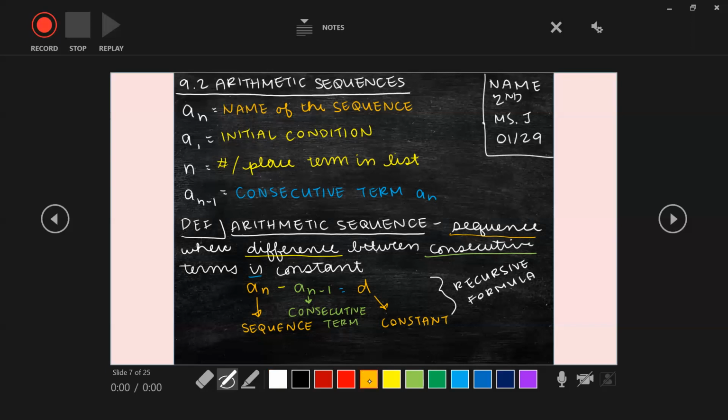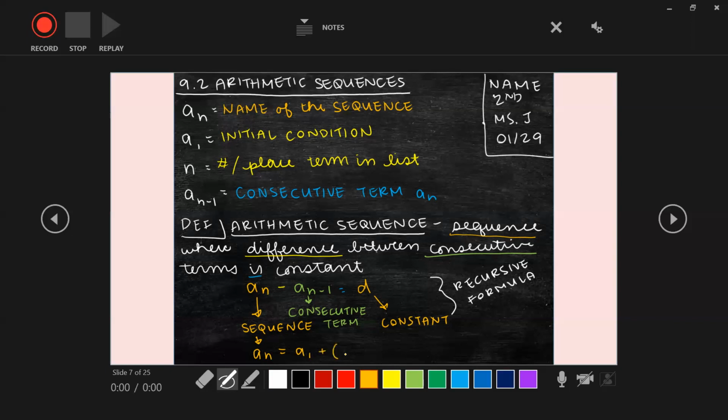So we also have an explicit formula form. Our sequence, which is still a sub n, is going to be equal to a sub 1. What is a sub 1, Emma? Initial condition, thank you.